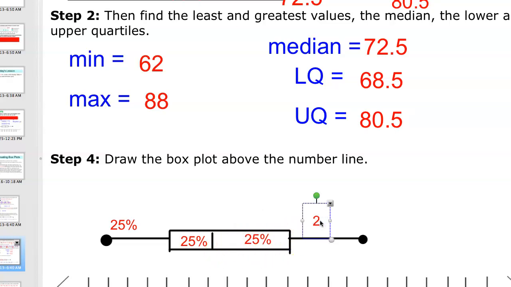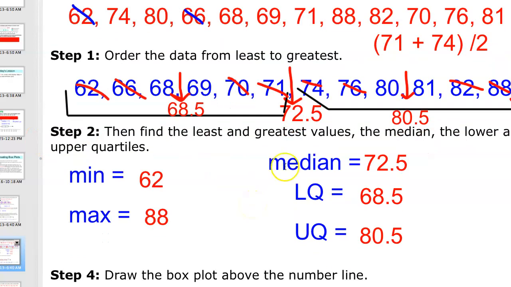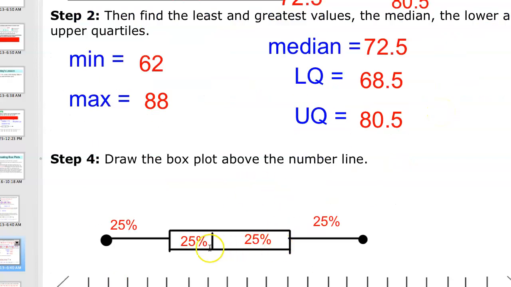That means there's a bigger spread in between the numbers, okay? But each part is 25% of the data. So if I go up, I can see there's 3 numbers, 3 numbers, 3 numbers, 3 numbers, right? So it is split evenly into 4 quarters. 1 quarter, 2 quarters, 3 quarters, 4 quarters. It's just that here the numbers vary more, okay?